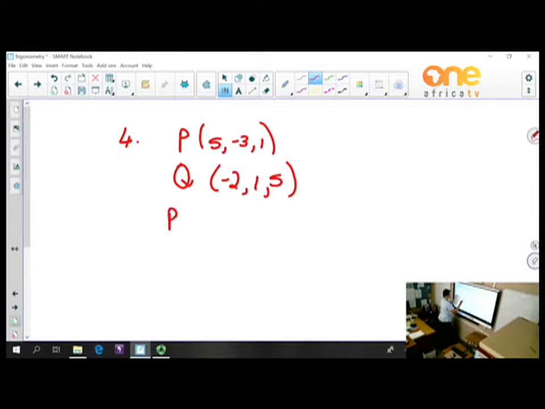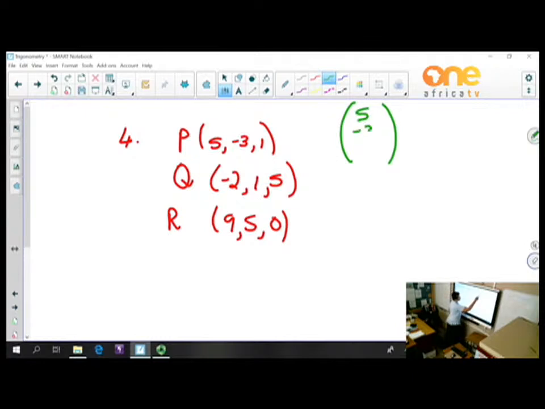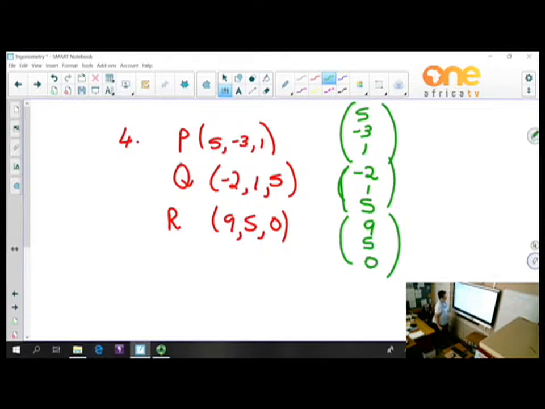And R is equal to 9, 5, 0. So again, we can change from coordinates to column vectors, and you can change from column vectors to coordinates. That's also a question that they ask you sometimes. So this one as a column vector is negative 2, 1, 5, and this one as a column vector is 9, 5, 0.